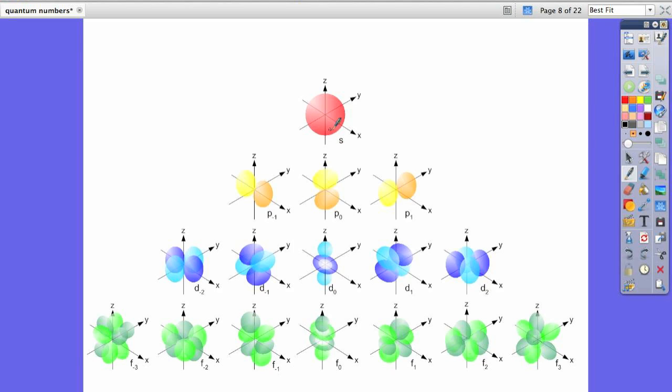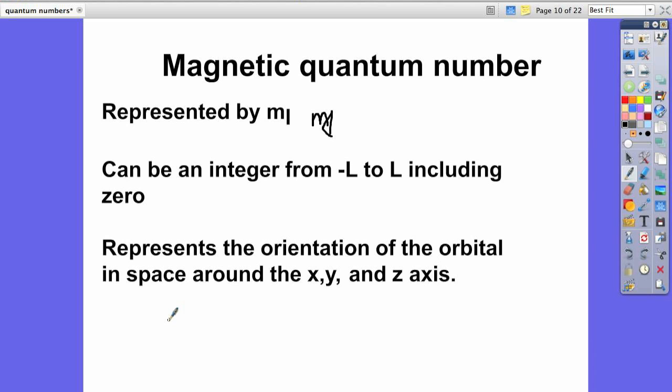We only have one orientation, a sphere in the center. So if we do our l, let's ignore the n for now. If we do l of s, the s has a value of 0 according to our table.